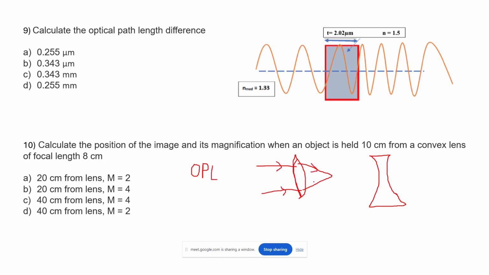When the light rays come through the concave lens, they diverge. That's why it is known as the divergent lens. My drawing is too bad. I hope you are able to understand the difference between the convex lens and the concave lens.